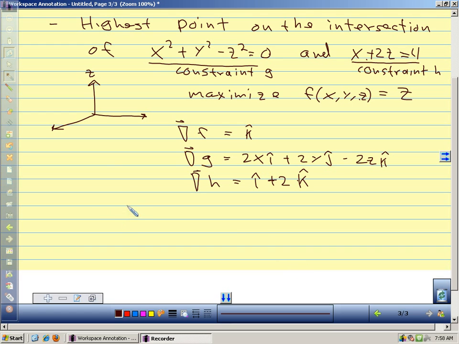All right, and our Lagrange multiplier condition says that del f equals lambda del g plus mu del h. So we set these equal to each other and equate components: the x component, the y component, and the k component.